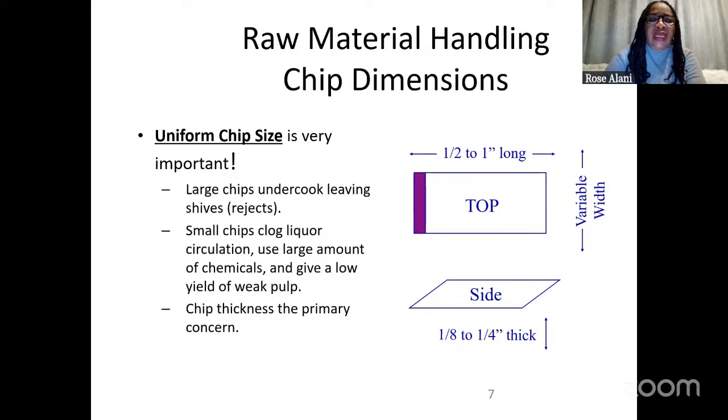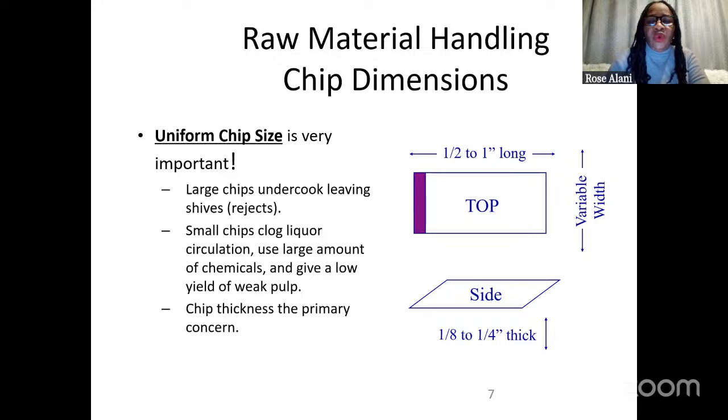Also during the pulping, these chives need to be removed. When I show you the whole pulping process, you will see a stage where you have to do screening, sieving, and removing. So you will have a lot of chives if you did not cut your chips properly.